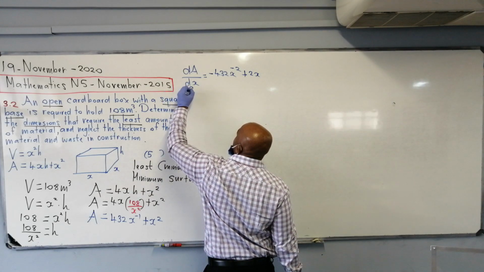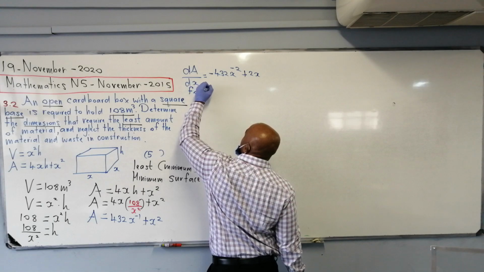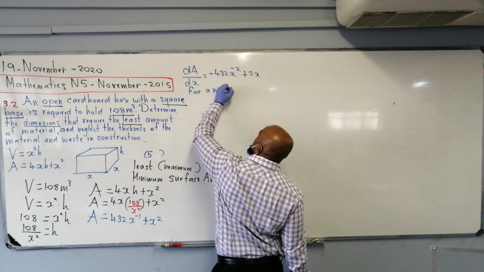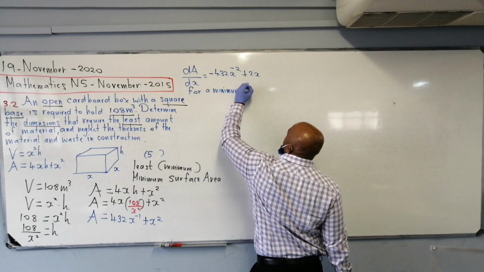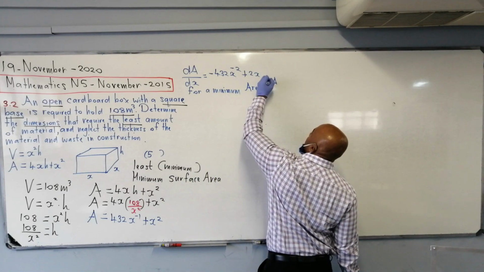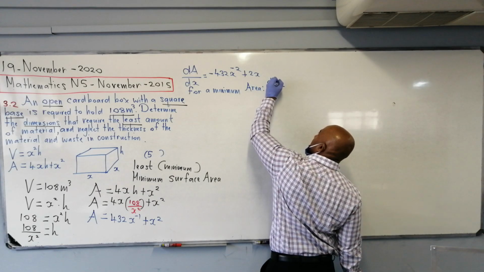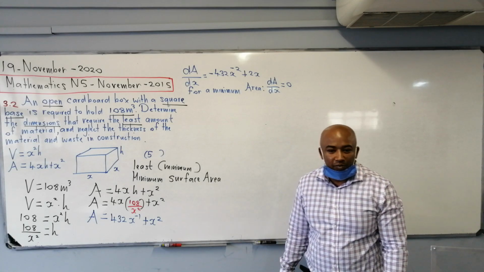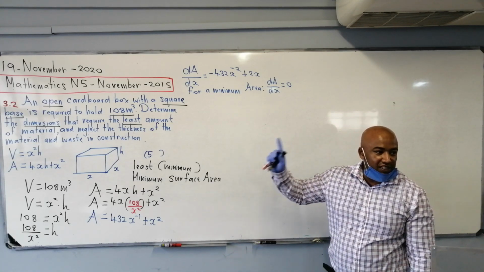Alright, so for a minimum area, dA over dx must equal 0. It's like your turning points. For maximum or minimum turning point, first derivative equal to 0.